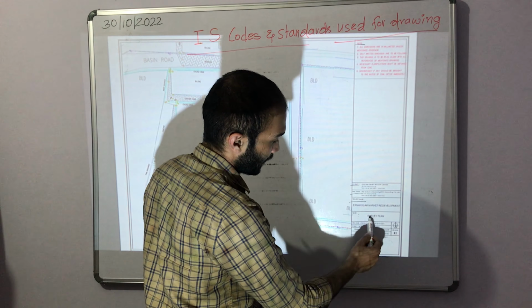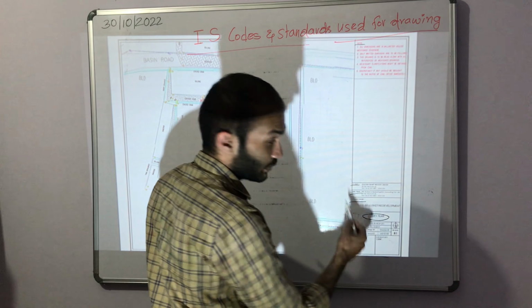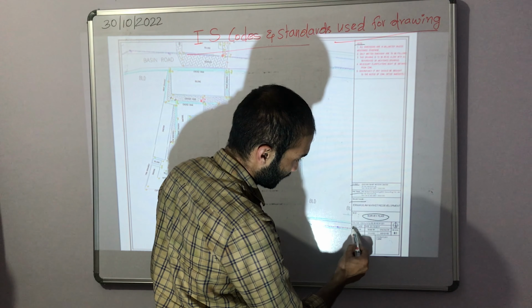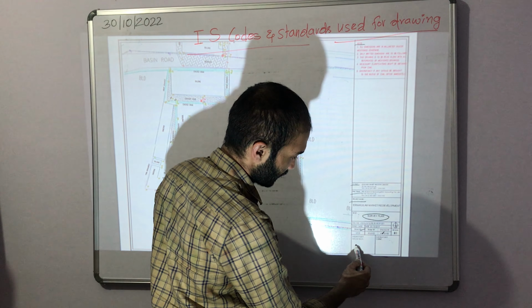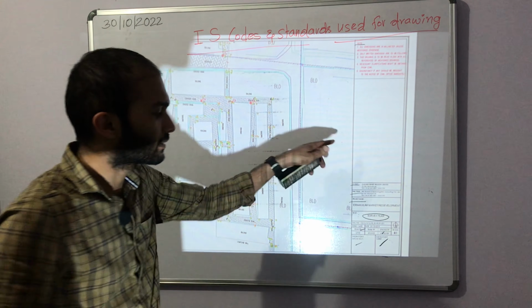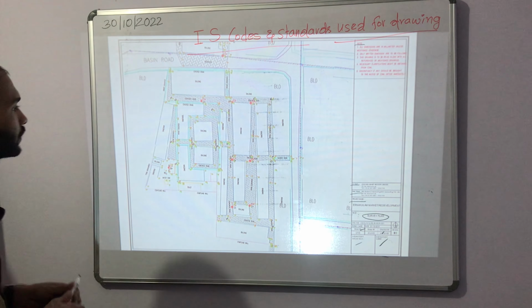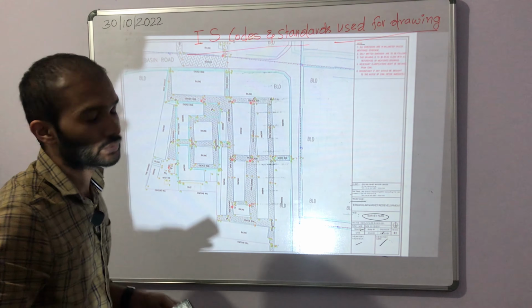They have given the key plan and project name. Then they have the revision dates, who drew it and when, and who has checked it. These kinds of title boxes they have. So this is purely the drawing space which we need to use.